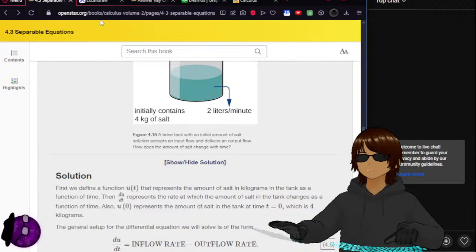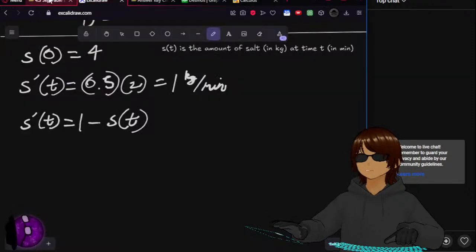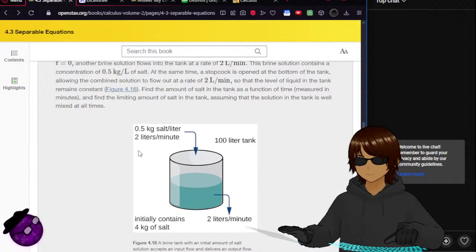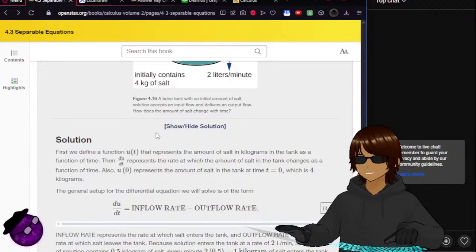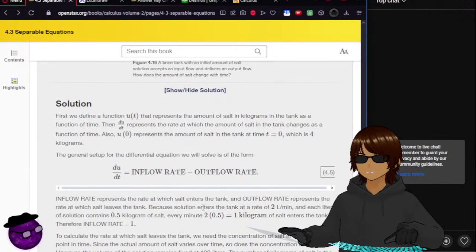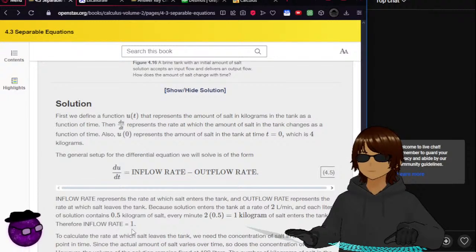Yeah, inflow rate minus outflow rate, which is what I was doing. Inflow rate is 1 kg per minute, and the outflow rate is unknown, 2 liters per minute. The inflow rate represents the rate at which salt enters the tank. Therefore, inflow rate is equal to 1.